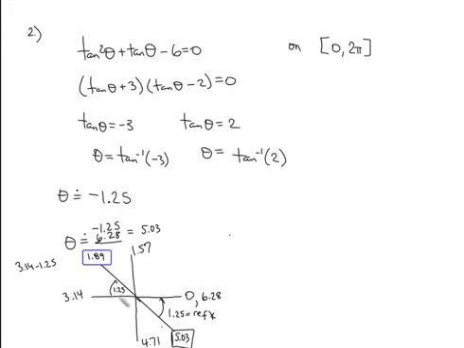We then went over here to quadrant 2, and we subtracted from pi, 3.14, that 1.25 reference angle. That's where we got our 1.89. So these are going to be the two solutions to this first chunk of our equation: 1.89 radians, 5.03 radians.